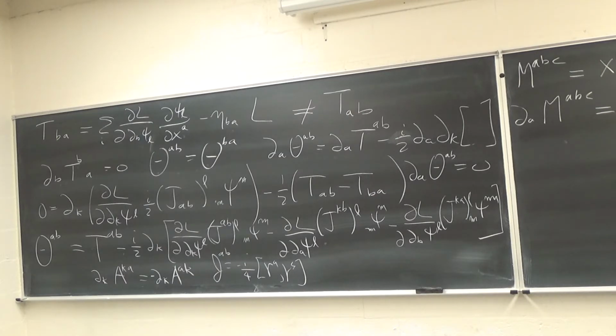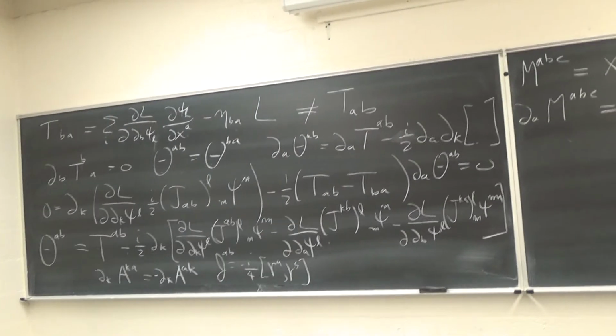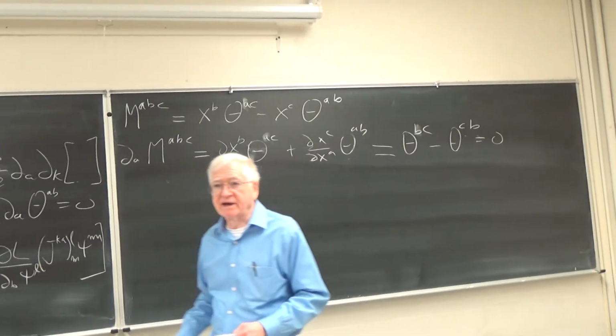Is the x_B theta_BC supposed to be the way it is? It should be AC. All right, x_B, oh, theta_AC, that's right. This is AC. Obviously, it wouldn't make any sense otherwise. And so this is then BC minus CB, but the thing is symmetric, so this vanishes. Yeah, I should have just followed my notes rather than winging it.